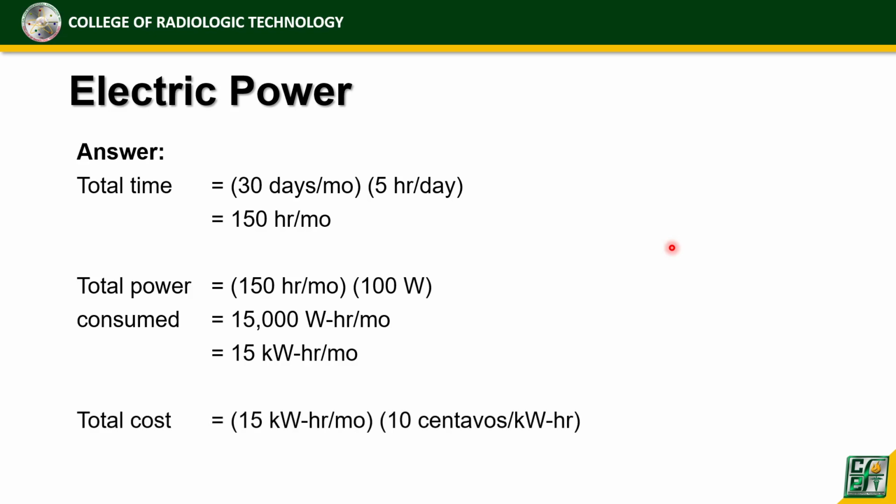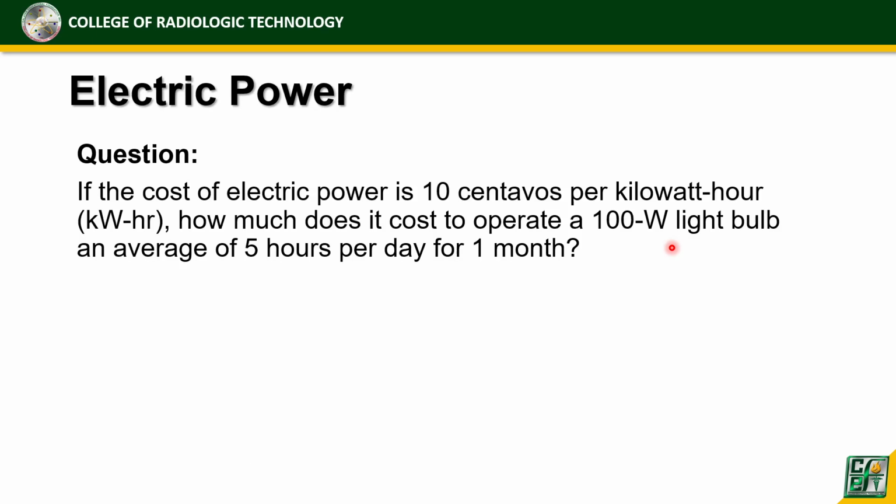So 15 kilowatt hours per month times 10 centavos. So, how much? 150 pesos per month. So, only 150 pesos per month for the cost of the electric power.